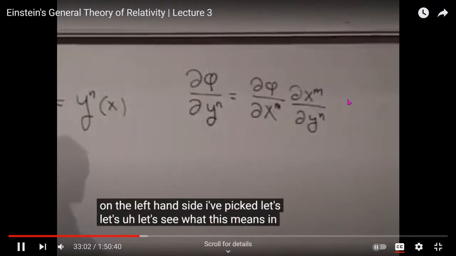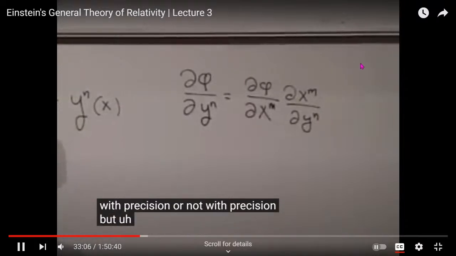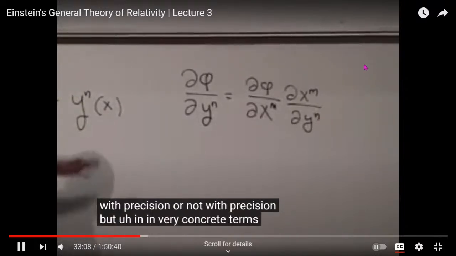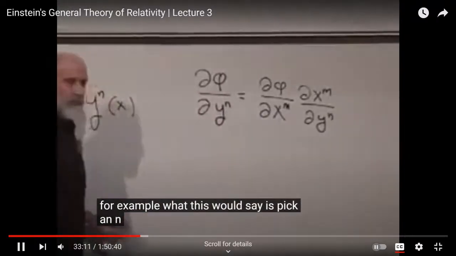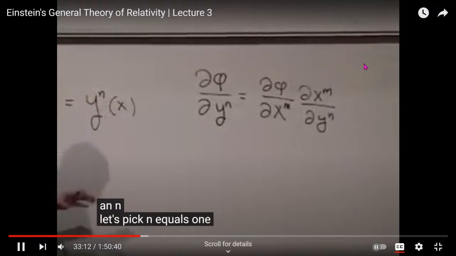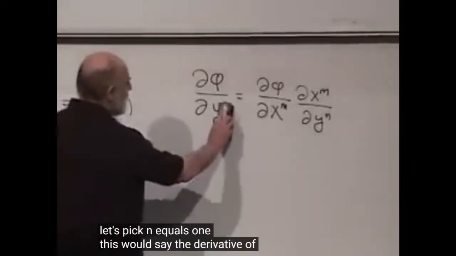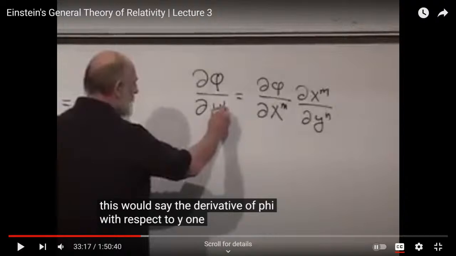So let's see what this means in very concrete terms. For example, what this would say is pick an n. Pick a direction. Let's pick n equals 1. This would say the derivative of phi with respect to y1. Why is he doing that? You don't need to simplify it.